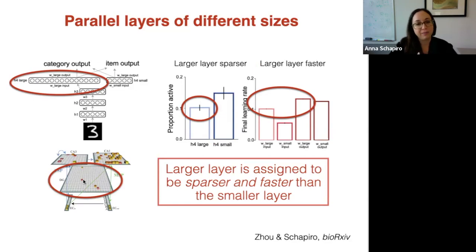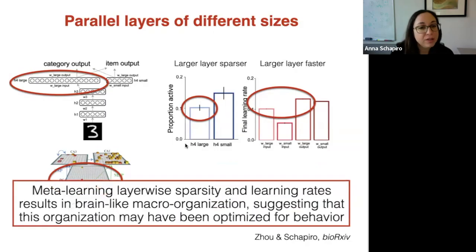So we get the emergence of those different properties in the way that we would expect from our thinking about the hippocampus. So meta-learning layer-wise sparsity and learning rates results in this brain-like macro-organization, which suggests that this organization might be optimal in some way for behavior.